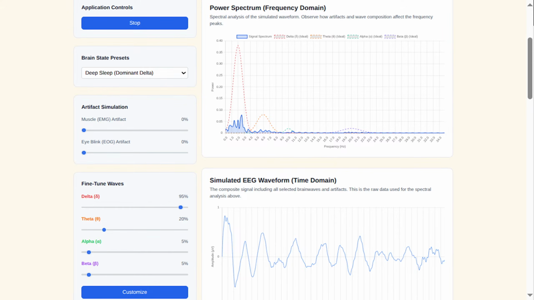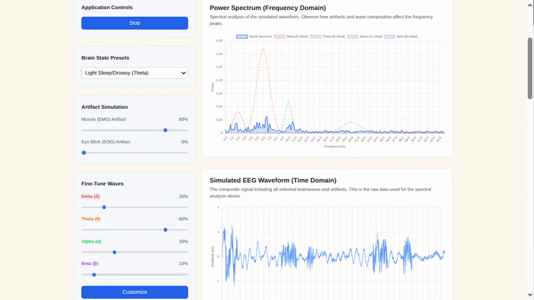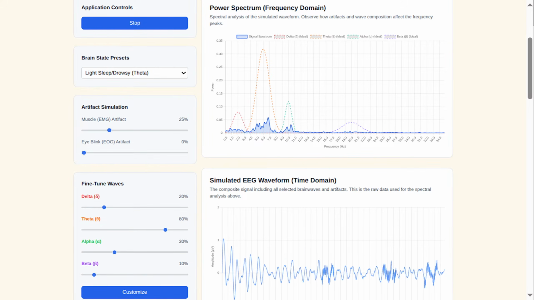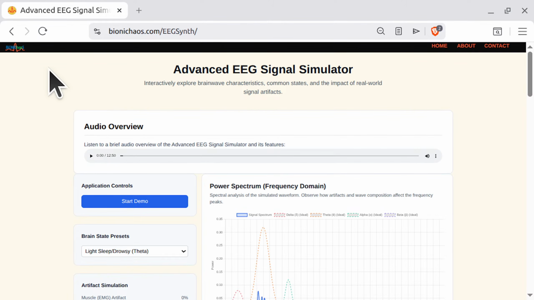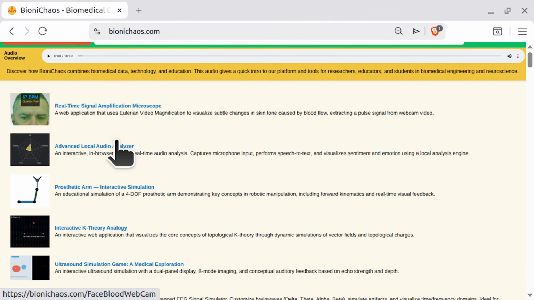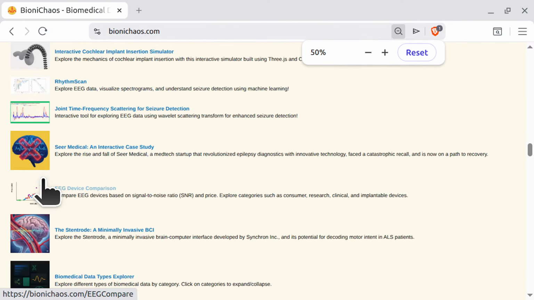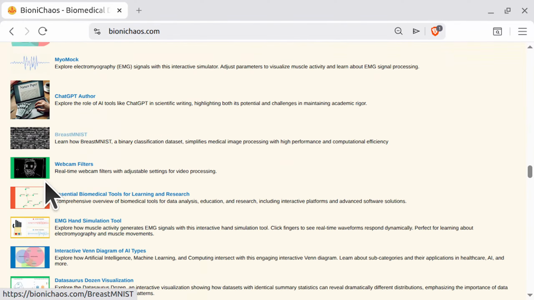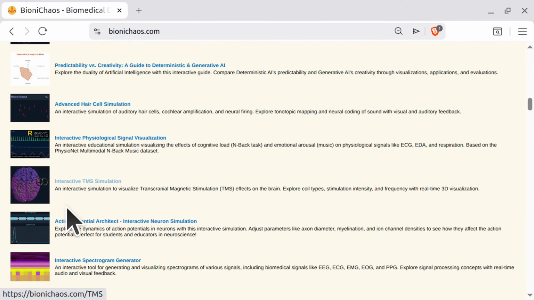I'm still looking for the tool because we had a 3D model of the brain. I don't remember the name for it. We did use it twice.